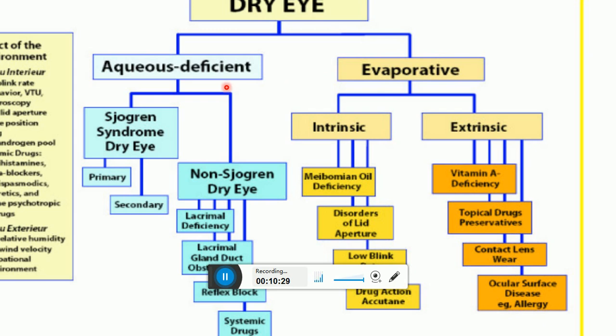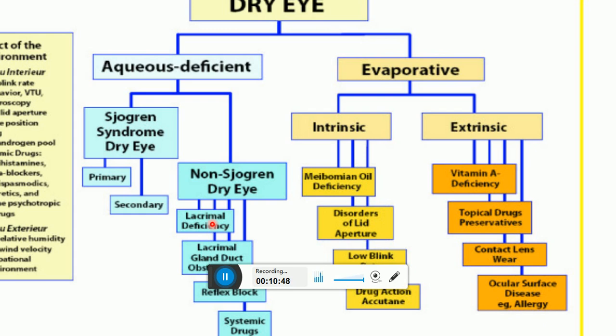So the first one is aqueous deficient. It is divided into Sjogren syndrome, which may be primary or secondary, and non-Sjogren dry eye, which is further divided into lacrimal deficiency.